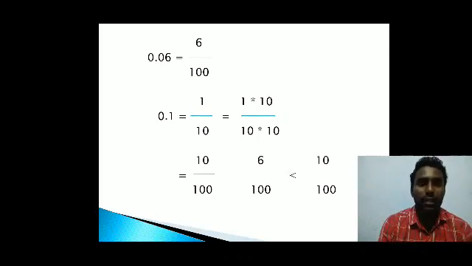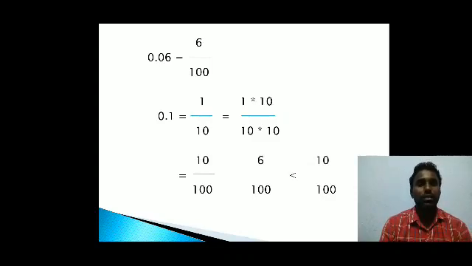So what is the idea? After the decimal point, just look at how many digits there are. If it is two digits, we divide by 100. Without writing it as a decimal number, you can directly write that number alone in the numerator, and in the denominator, as many digits as are after the decimal point, that many zeros. Two digits means 100, three digits means 1000, one digit means 10.